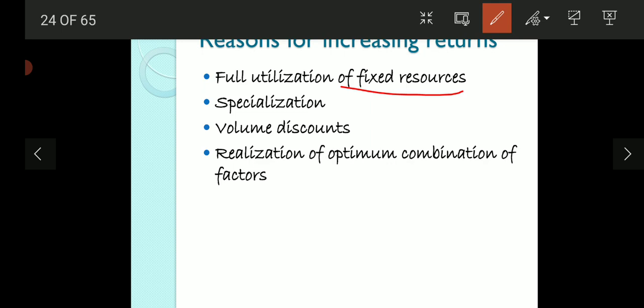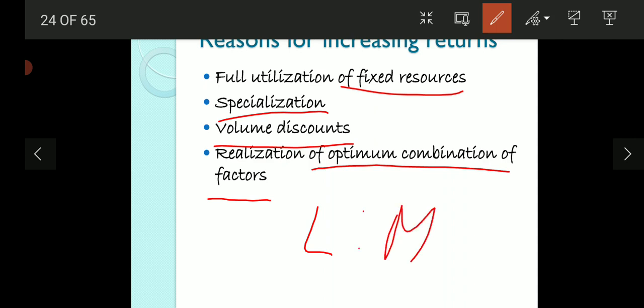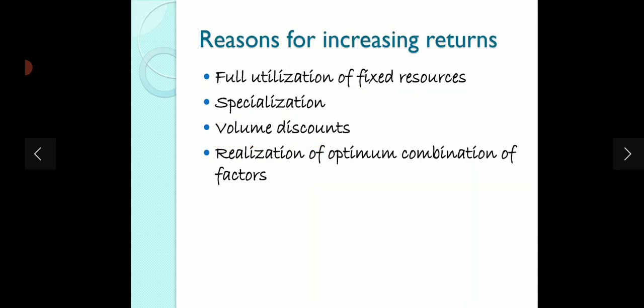People might get specialization, we might get volume discounts, and we are reaching the optimum combination. Optimum combination is how many labors are required for one machinery. So we are reaching that combination. That is the reason we get increasing returns.